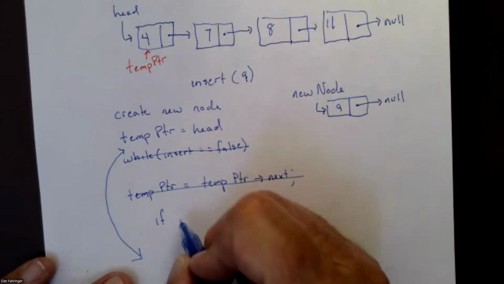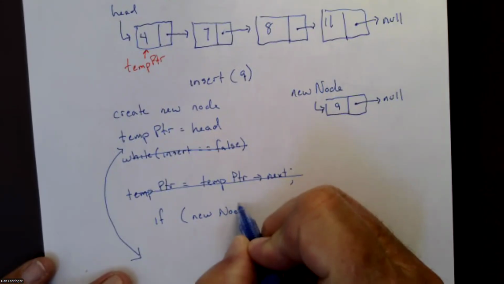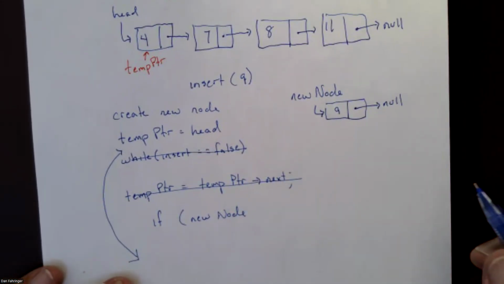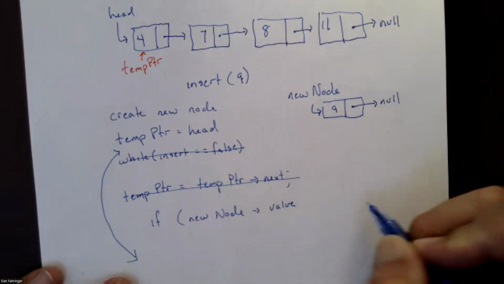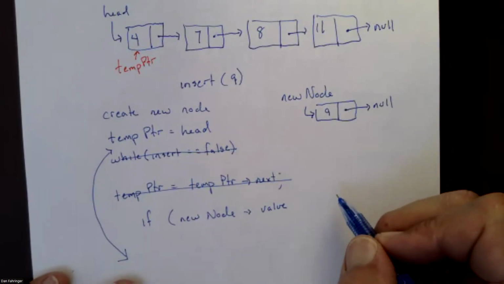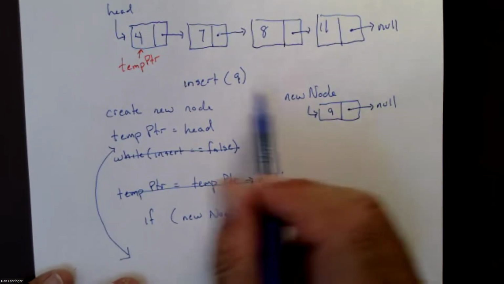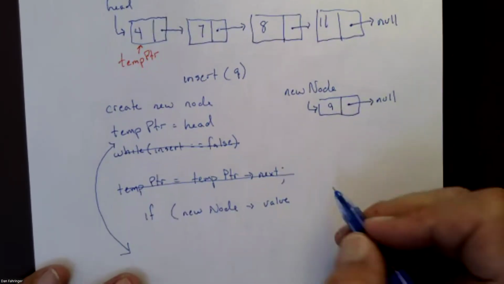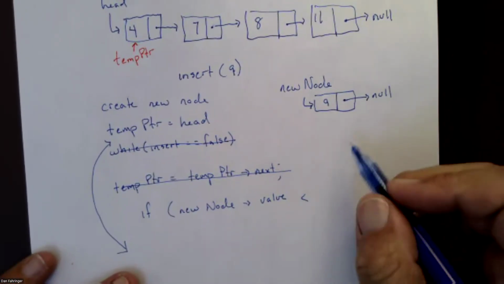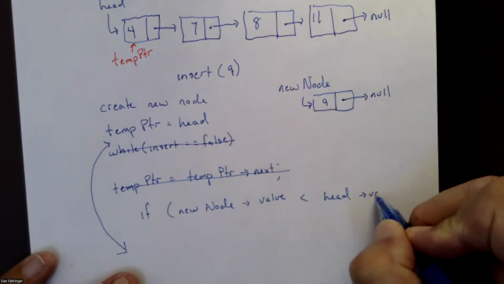If new node's value is what? This guy. Less than head value.